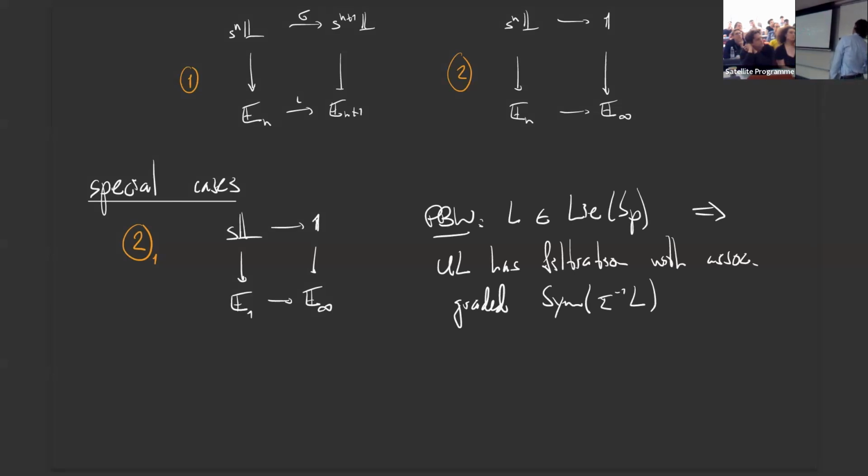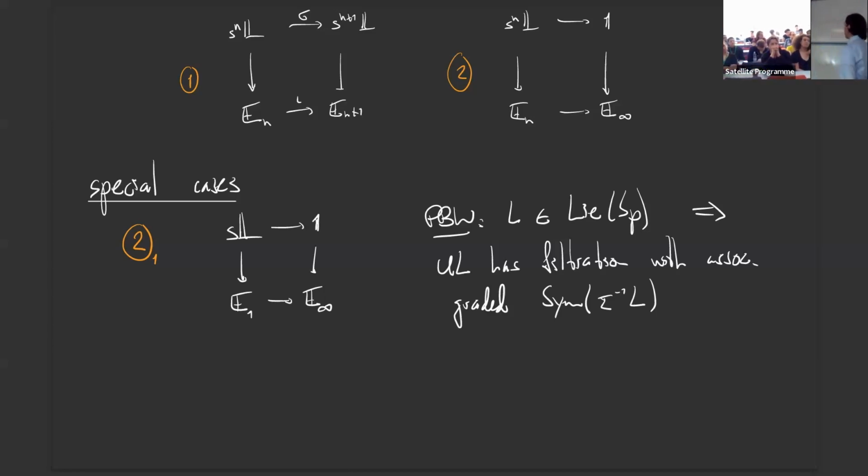Anyway, what does that buy you? Essentially, saying that this is a composition square gives you the PBW theorem. You can classically formulate the PBW theorem in this way, and you can do it here too. What this implies, in a rather formal way, is that if you have a spectral Lie algebra, then this square produces a natural filtration on the universal enveloping algebra, whose associated graded is the free symmetric algebra.